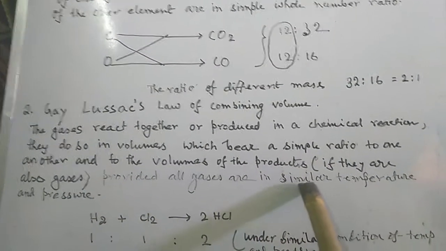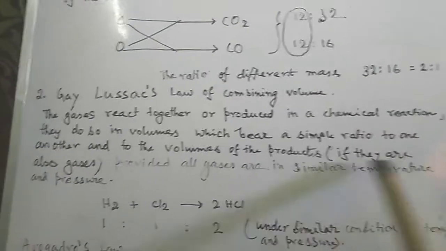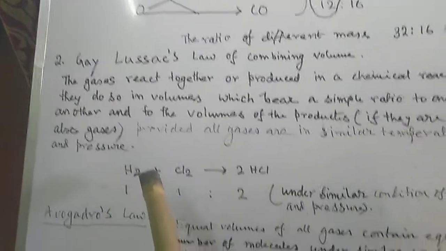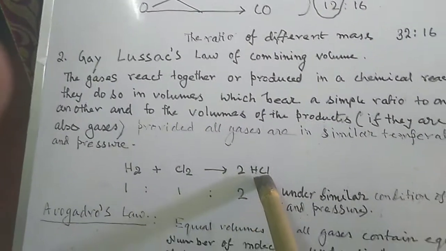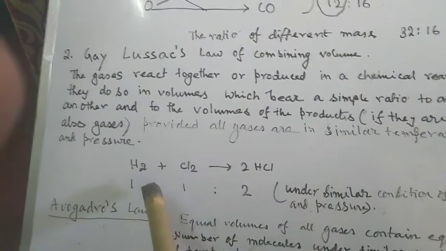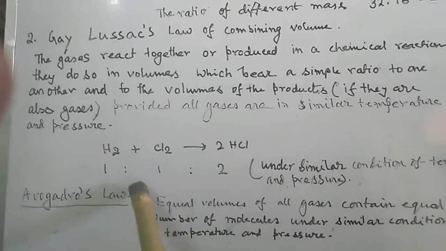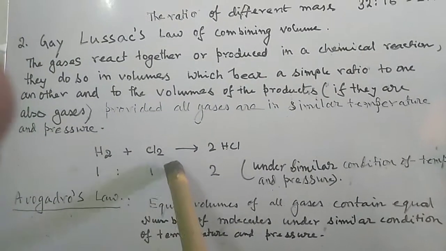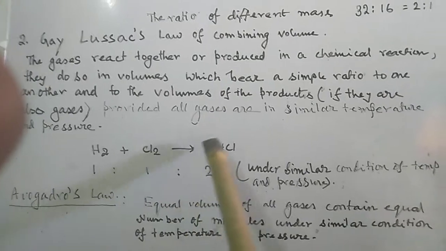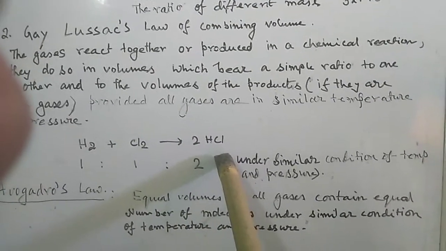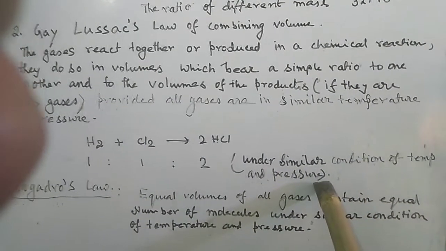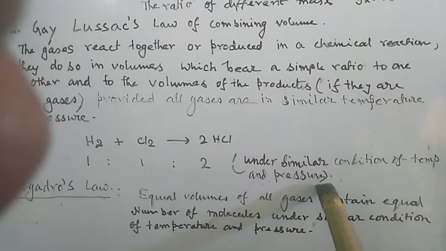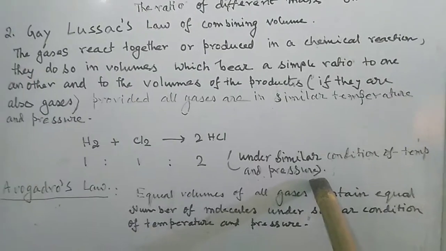Just note that all the gases are at the same temperature and pressure. If we react hydrogen with chlorine to produce hydrogen chloride gas, one volume of hydrogen reacts with one volume of chlorine and produces two volumes of hydrogen chloride, provided they are all kept under similar conditions of temperature and pressure.